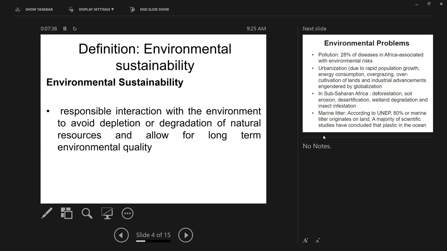One other problem is urbanization, due to rapid population growth. And as you know, Africa is home to the fastest growing countries in terms of population growth. It is projected that the continent will double from 1.1 billion people today to 2.3 billion by 2050.